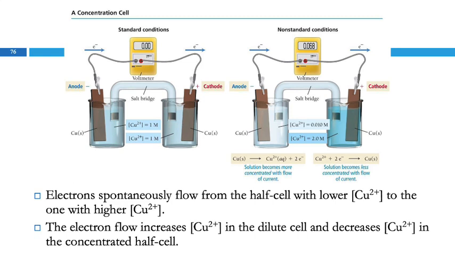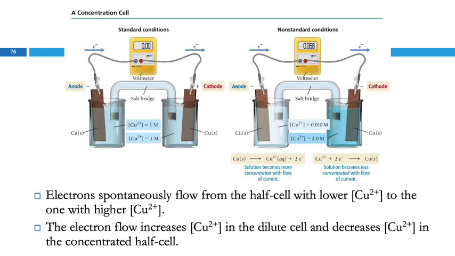I wouldn't recommend looking at this and trying to decide, is it going to go forward or reverse? I would look at Q for the overall reaction. Over here, the copper ion is the reactant, and over here, the copper ion is the product.